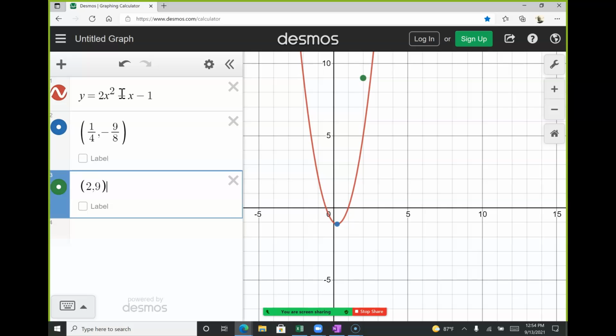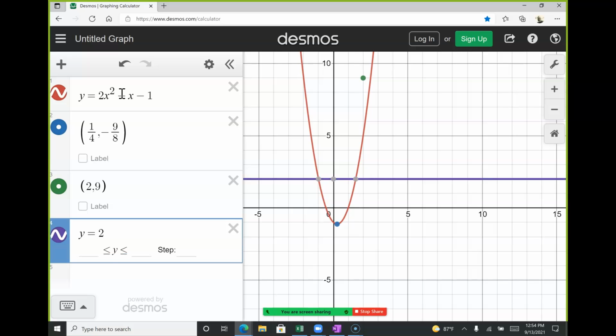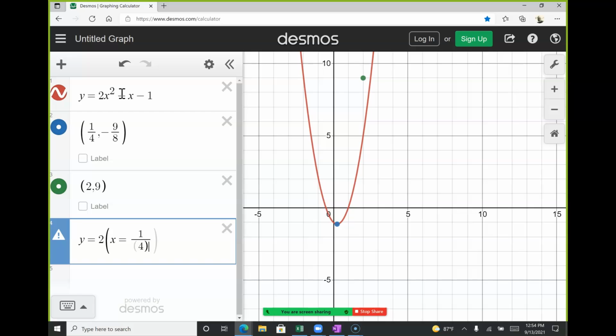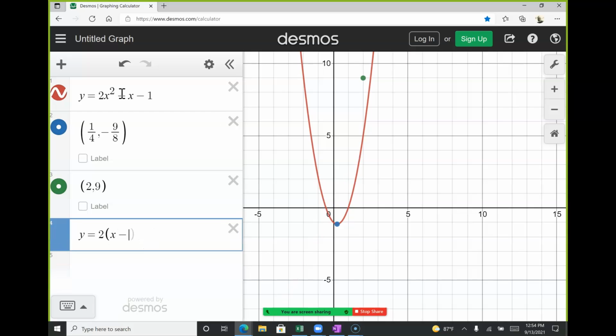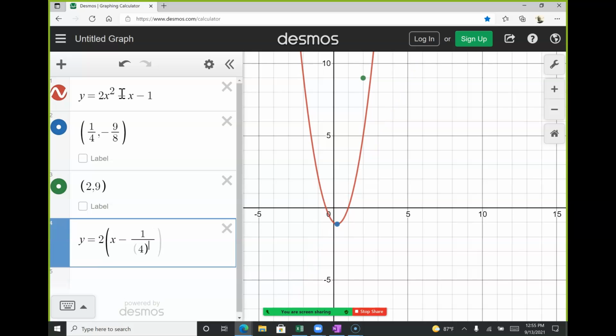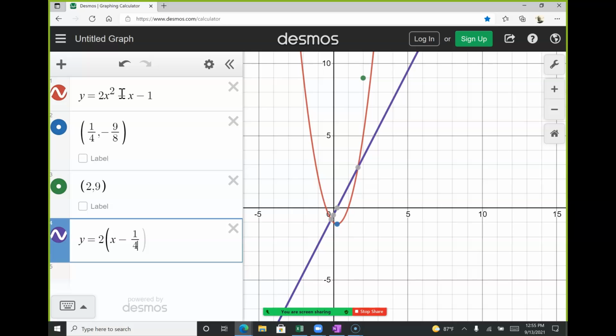All right, look, that's working out pretty well right now. I also put in my vertex form, which we're going to do quite a lot this semester. So y equals 2 times the quantity of x minus 1 divided by 4, all squared, minus 9/8.